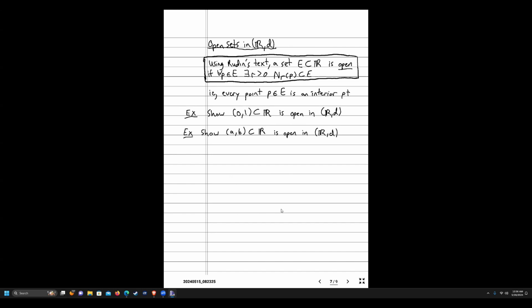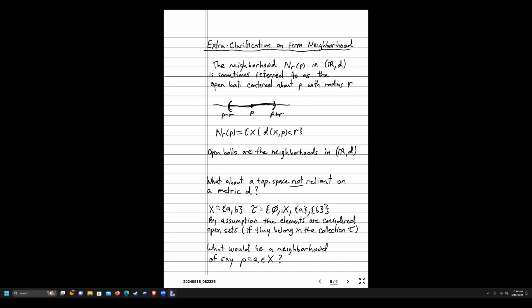Now, before I go into this, I do want to give some extra clarification on the term neighborhood. In this case, I'm calling it an R neighborhood because I'm using this subscript R about P in the metric space R equipped with metric D, sometimes referred to as the open ball centered at P with radius R. So the neighborhood I've been dealing with in the previous example is actually called an open ball.